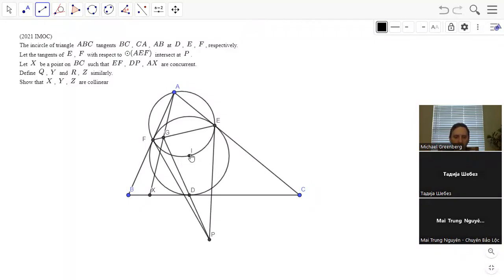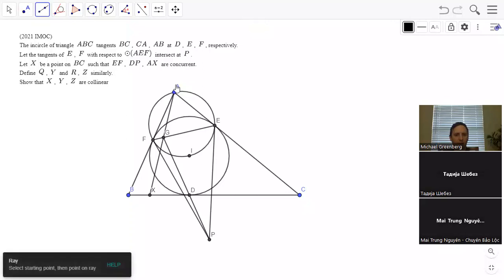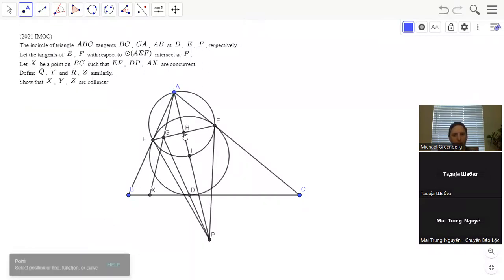But basically, one thing we could do is draw the foot of the angle bisector. Oh, P lies on the angle bisector. So basically, this is the midpoint of EF. This is the foot of the angle bisector right there.